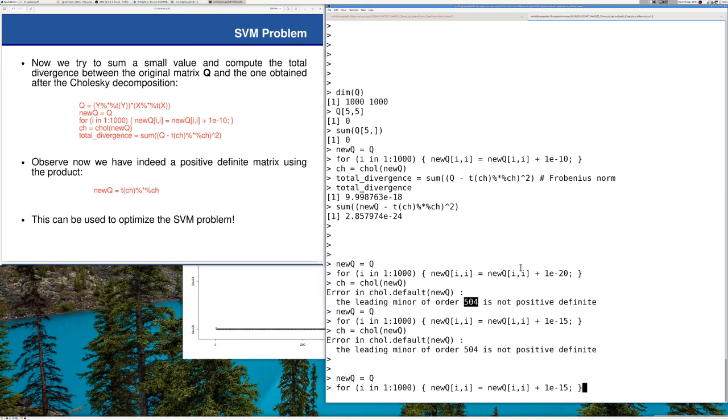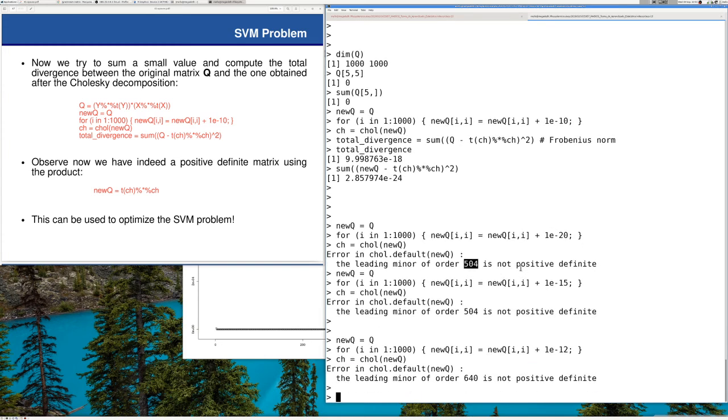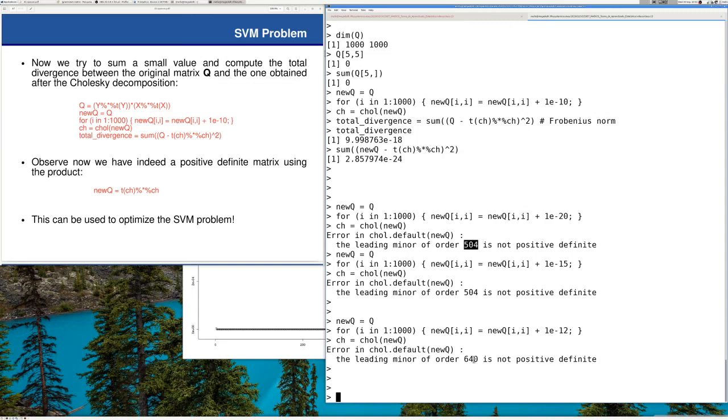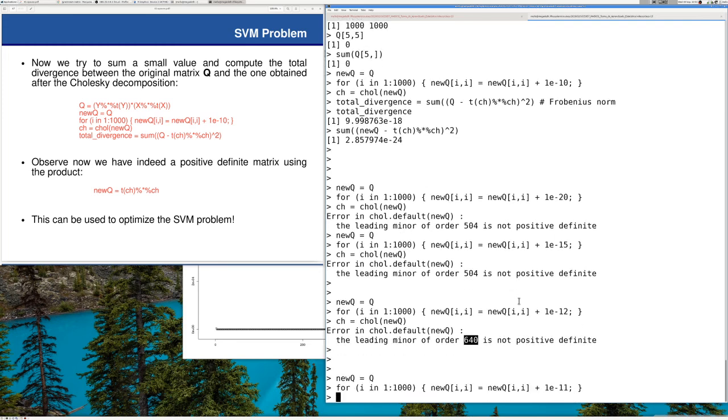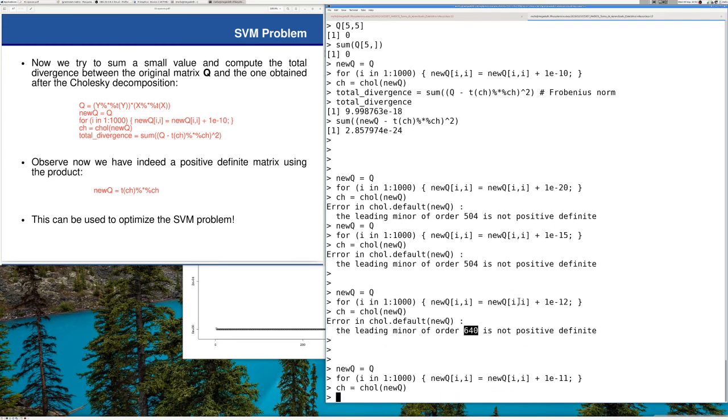Let's try 10 to minus 12. And let's compute. No, it should be greater because the element in row 640 and column 640 is still smaller than the sum of its row. Now I could sum up 10 to minus 11. Let's see the result. Oh yeah, that was enough.